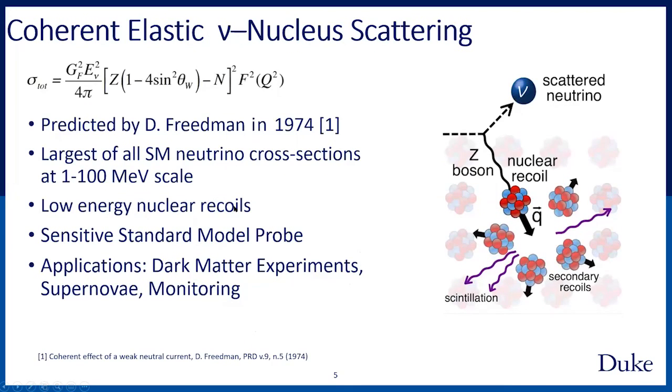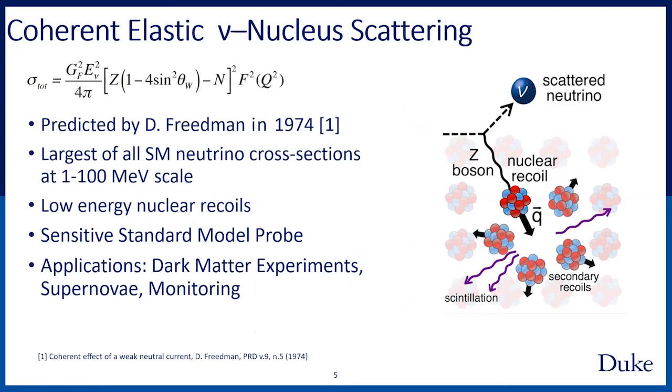A little bit about CEvNS. The cross section is shown in the top formula. It was predicted by D. Freedman in 1974. It has the largest of all Standard Model neutrino cross sections at the 1 to 100 MeV scale, but the nuclear recoil energy is a little bit low.